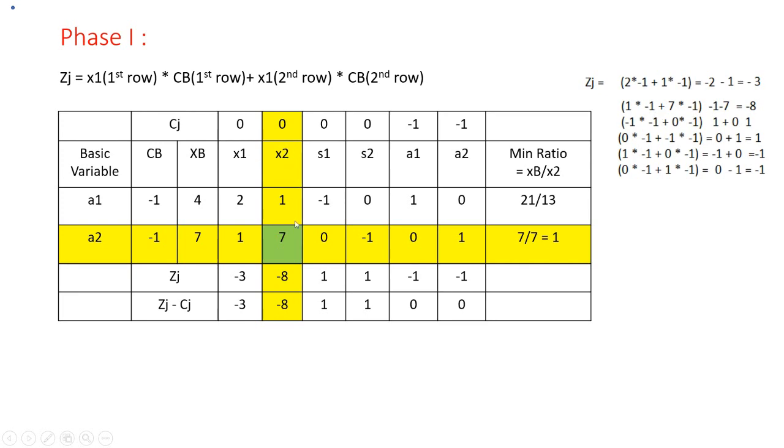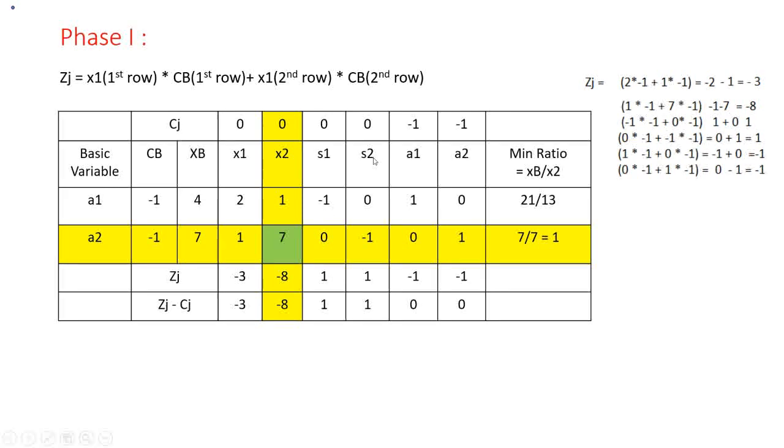Similarly for x2: 1 into -1 plus 7 into -1, so we get -1 -7, that is -8. For the S1 column: -1 into -1 is +1, plus 0 into -1 is 0, so we get only 1.